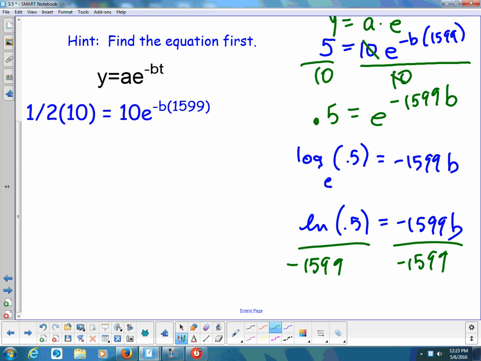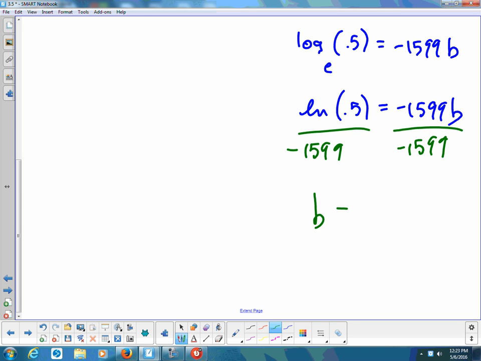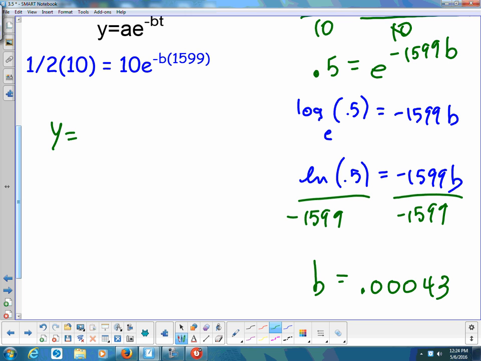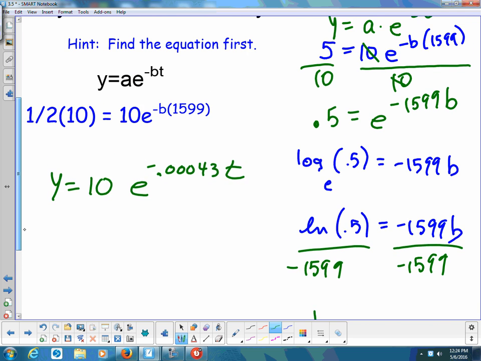You ended up getting a b value, give me about 4 decimal places. 0.00043. Okay, so that's our b value. So now my model should be y equals 10 grams, my initial amount, times e to the negative 0.00043t. Agreed?